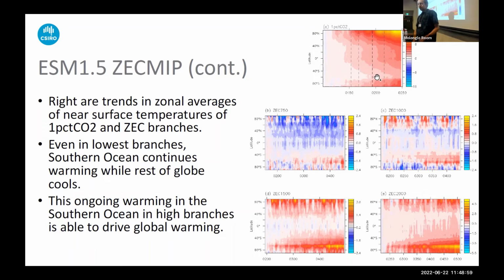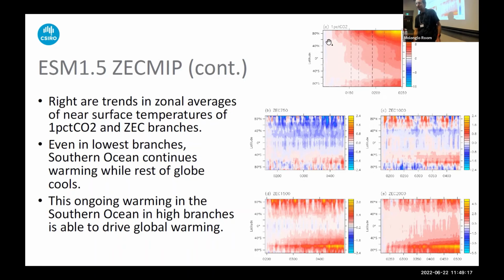When you look at the high temperatures that you get over the Arctic, the Arctic sea ice and the positive feedbacks there make that region stand out in the 1% experiment. And actually, you look at the Southern Ocean, and there's less warming down there.